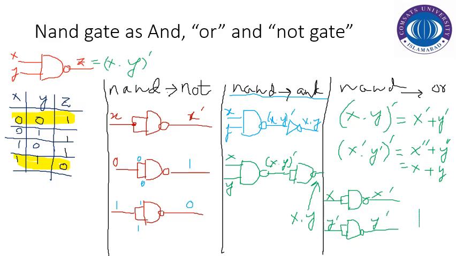And if I construct the NAND operation between these two inputs, here now at this point I'm getting x prime dot y prime whole prime, which in fact is equal to x plus y.